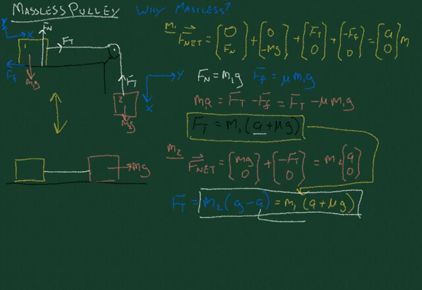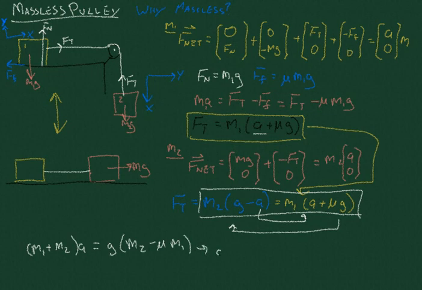I'll pull this a over to this side, I'll pull the mu g over to this side. So I see that m1 plus m2 times a is going to be equal to g times m2 minus mu m1, which means the acceleration is g times m2 minus mu m1, all over m1 plus m2.